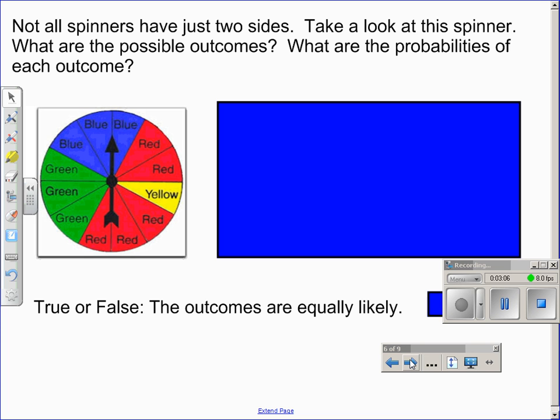And I want you to work out what all the possible outcomes are. And I also want you to determine the probability of each color resulting in the spin of the spinner. And then I want you to also consider true or false. The outcomes are equally likely. So pause the video now. Try this out.